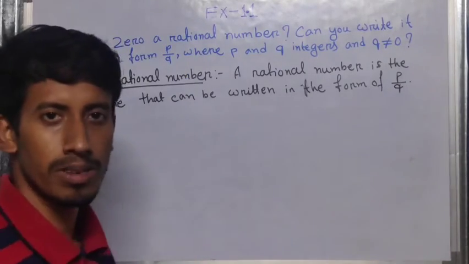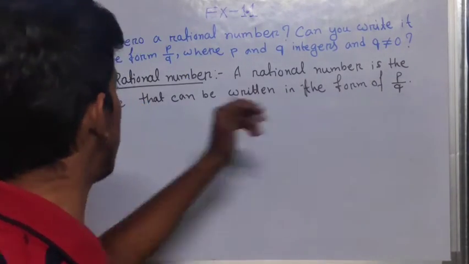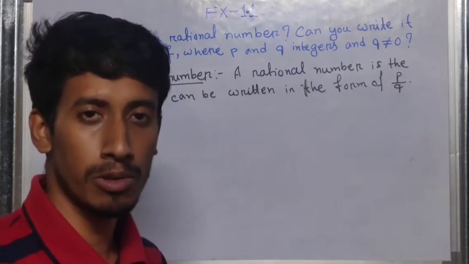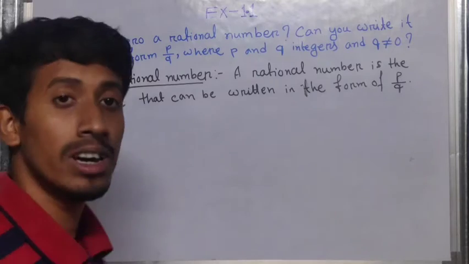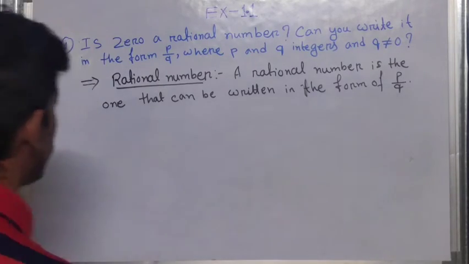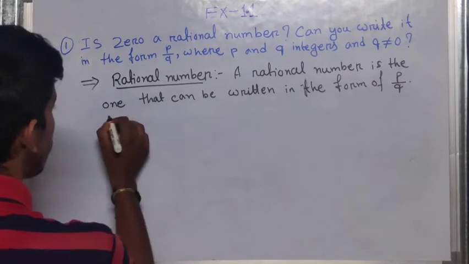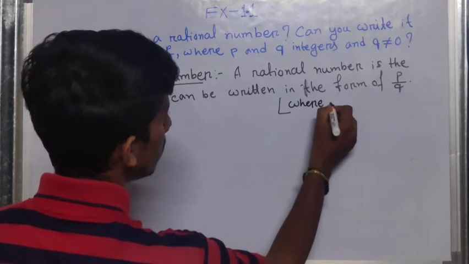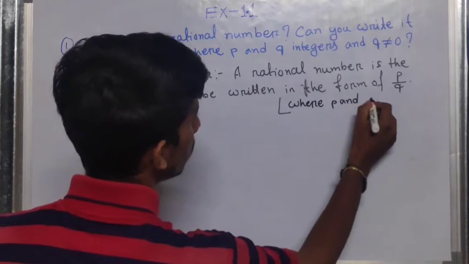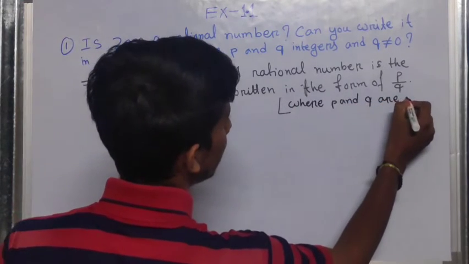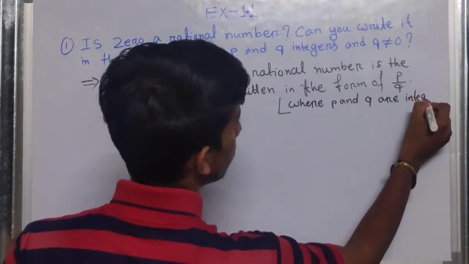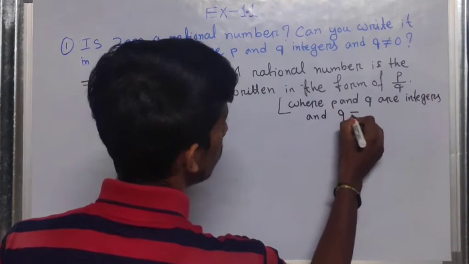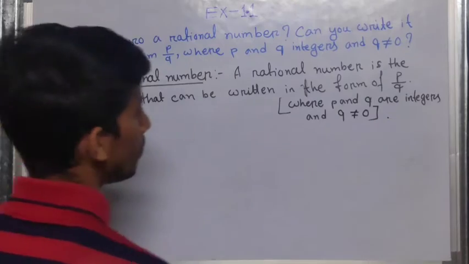Isn't it, students? A rational number is one that can be written in the form of p by q. That is called a rational number. Where p and q are integers and q is not equal to 0.